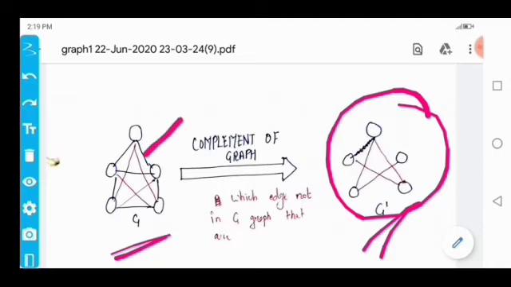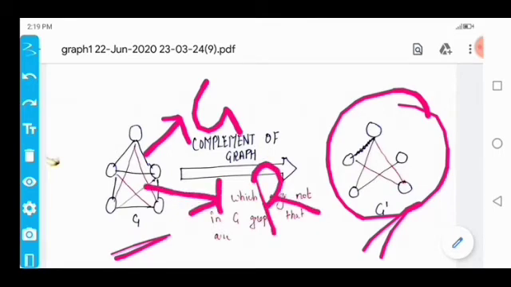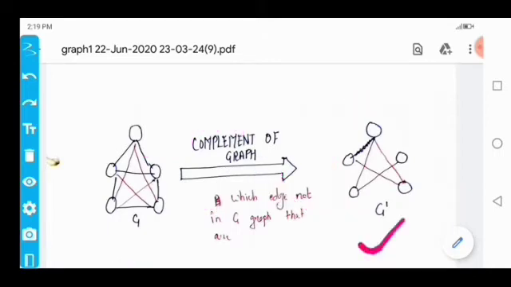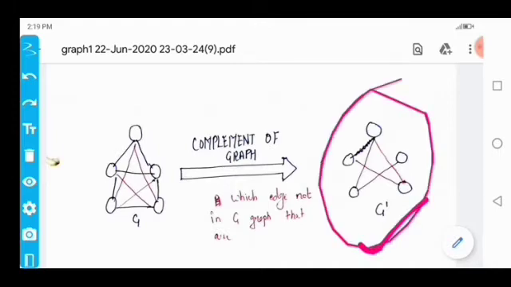Here the black line represents your graph edges, but the red line represents your complement graph edges. Now more precisely, G dash is represented like this. It is your complemented graph.